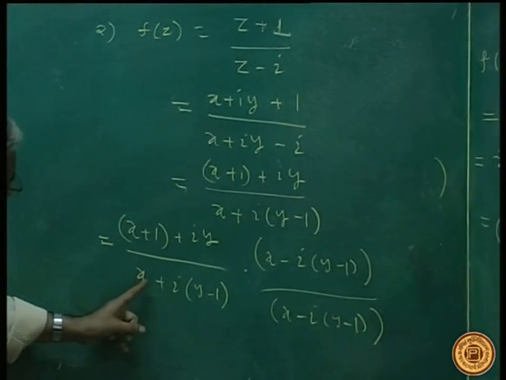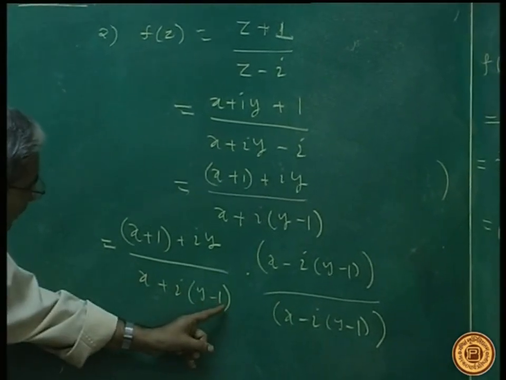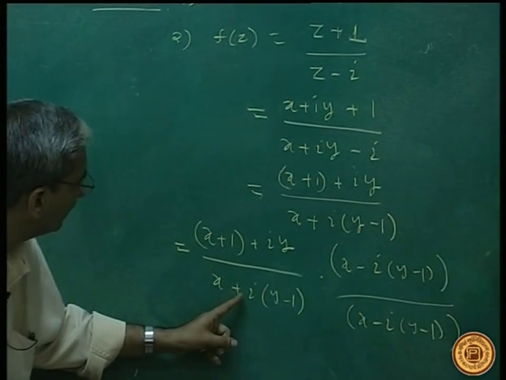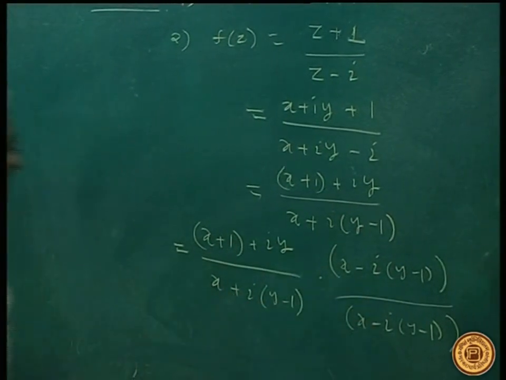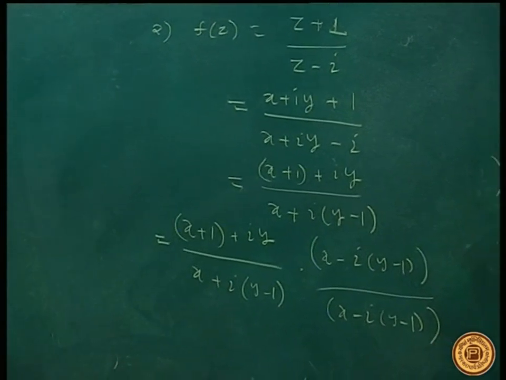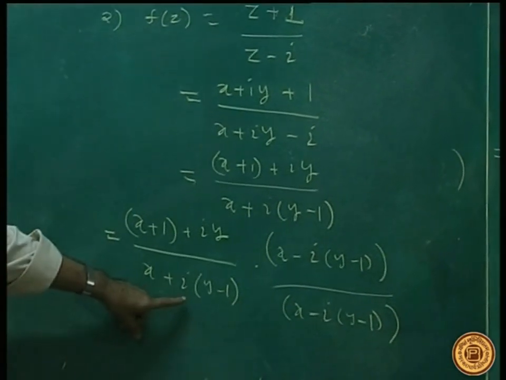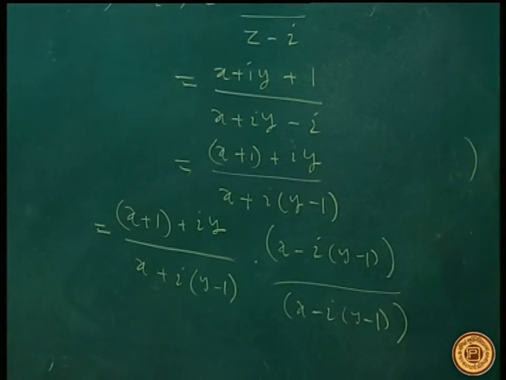So you have multiplied by the conjugate of this. This is plus i, here it is minus i. So you have multiplied with the conjugate of the complex value in the denominator.